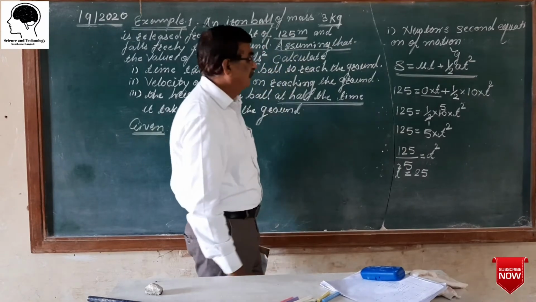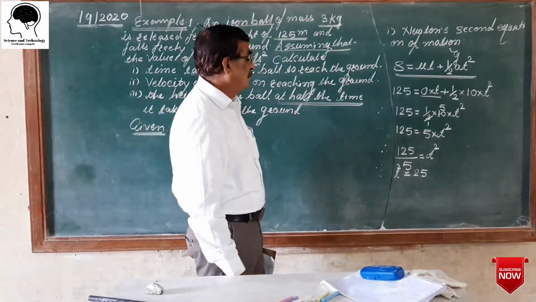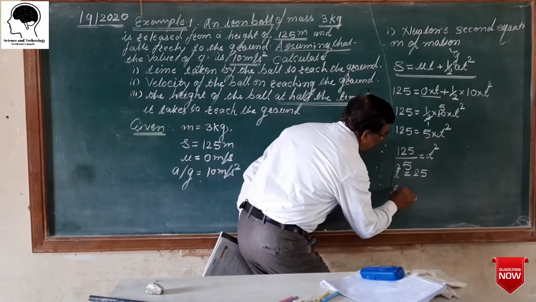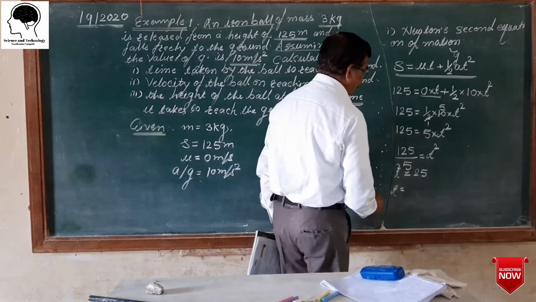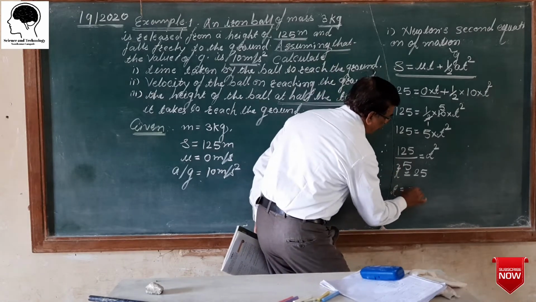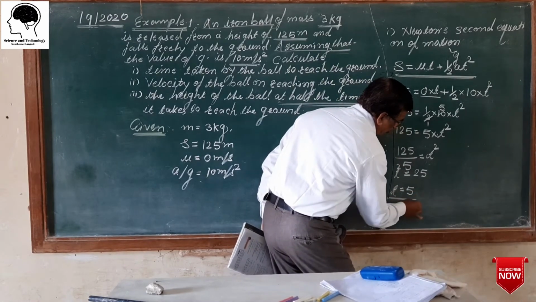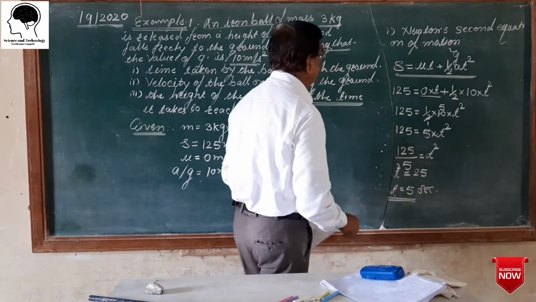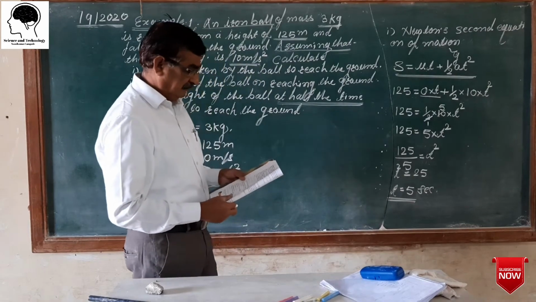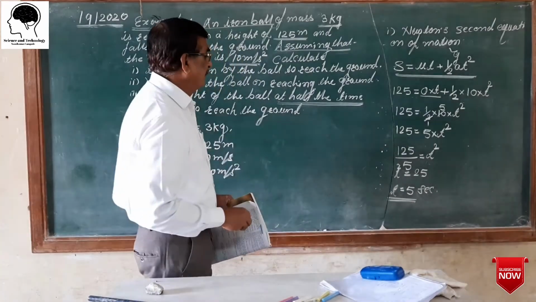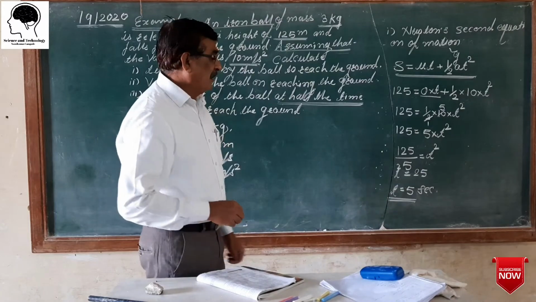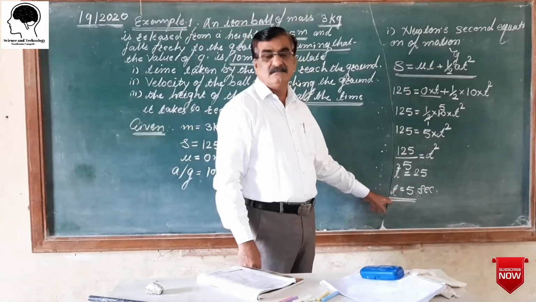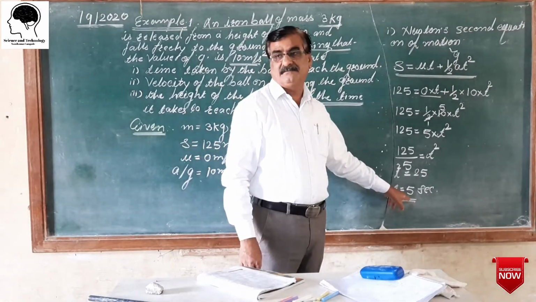To get the root of both sides, then t is equal to 5 seconds. It means the ball requires 5 seconds to fall and reach the ground.